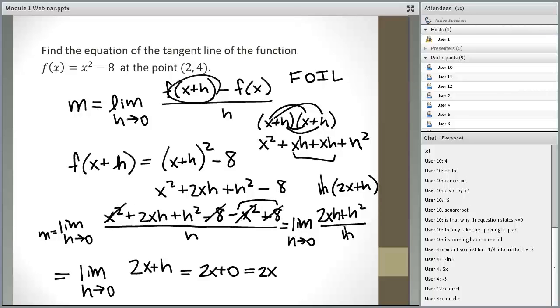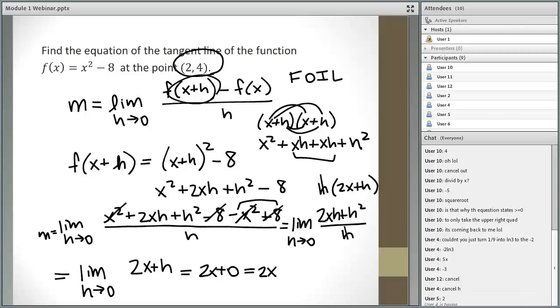And this is the slope, but we want a numerical value for a slope. We don't want 2x. So what do we do? Do we know the value for x? Good. We were given that the point is (2, 4), so x equals 2.